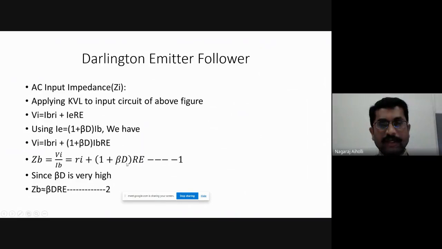Then Ri plus beta d Re will become only beta d Re, because beta d Re is very much larger than Ri. Therefore Zb will be simply equal to beta d into Re. Take it as equation 2.